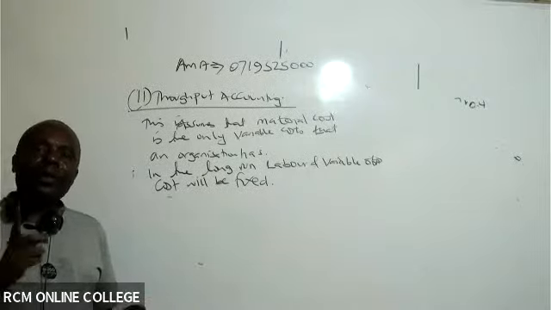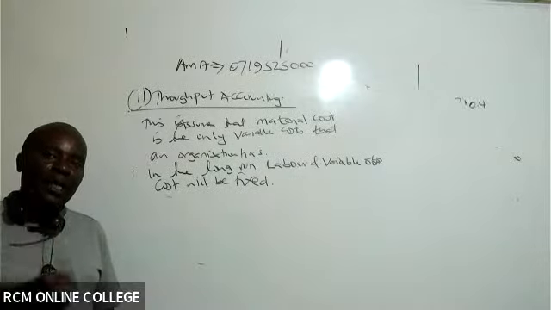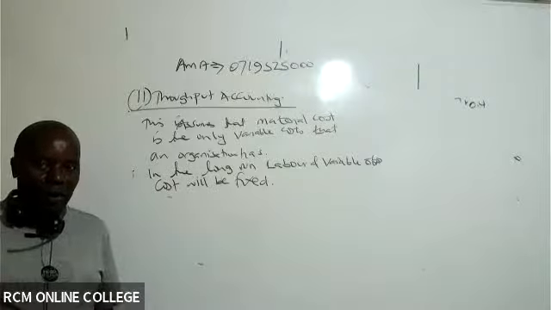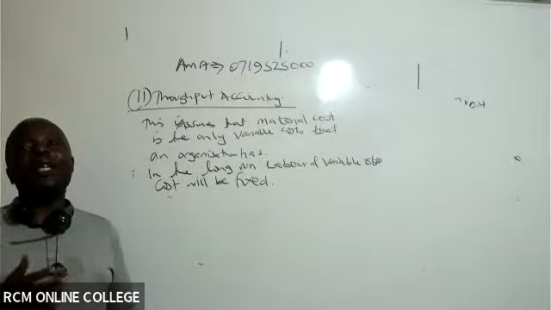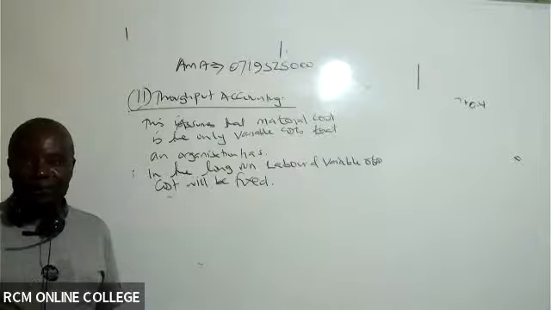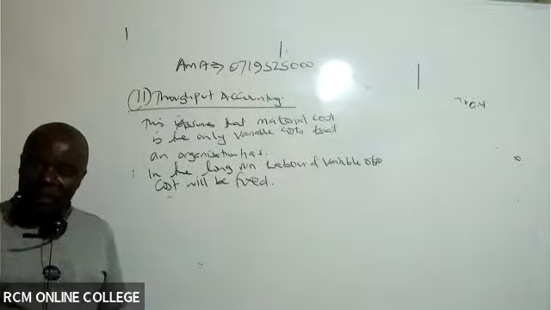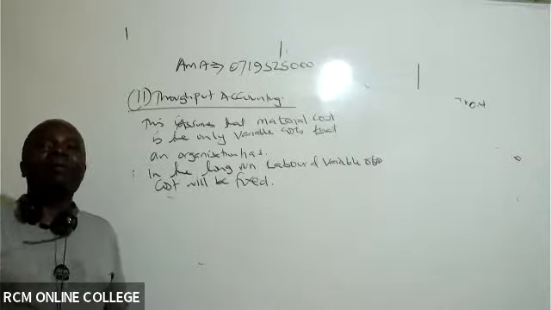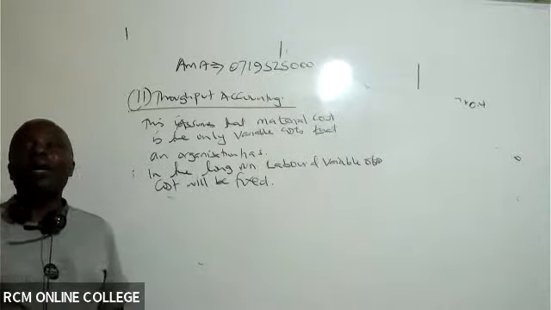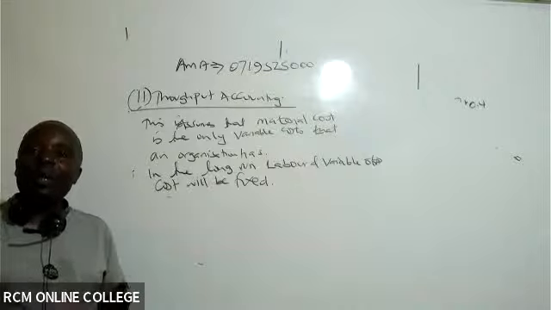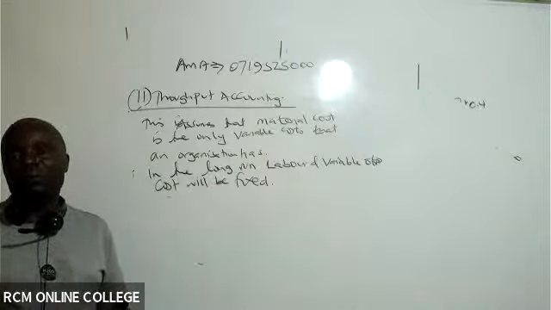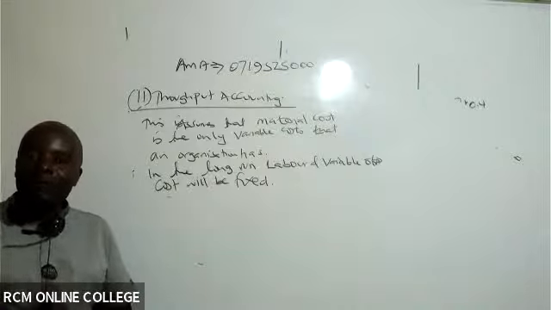But it reaches a point when you realize if you start giving these guys 1,000 per student they give you, which of course is very good, you're going to pay a lot. It has got its fair share of advantages. But in the long term, trust you me, labor cost will become fixed.